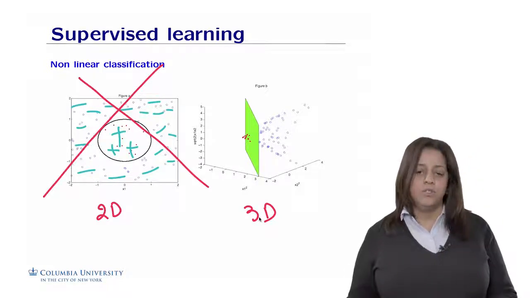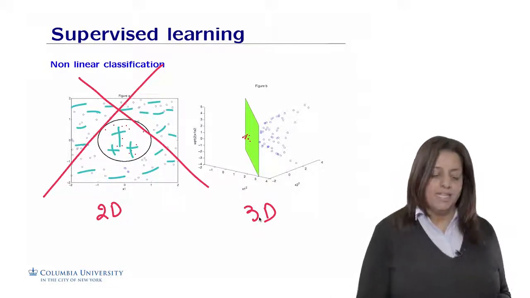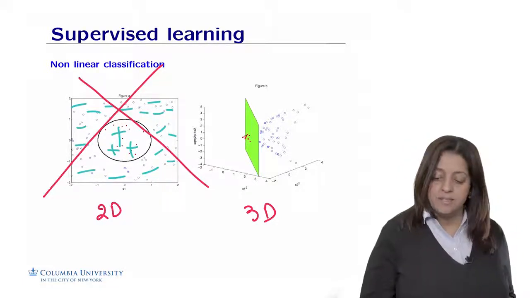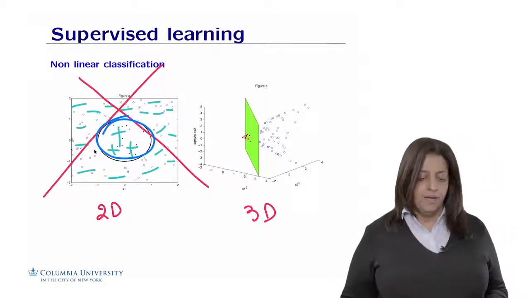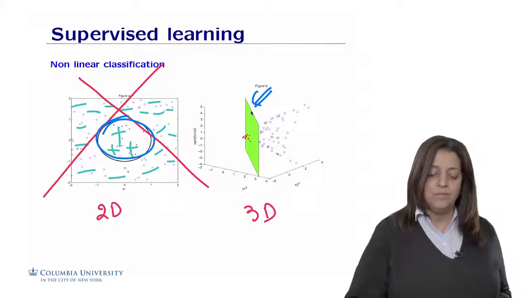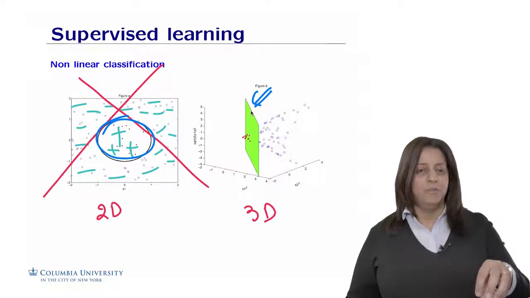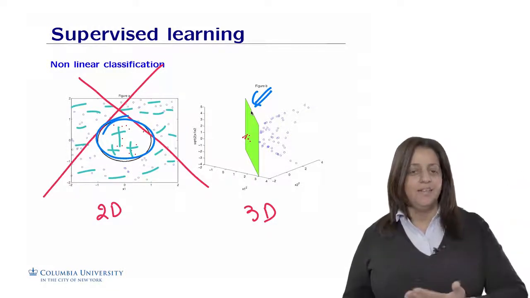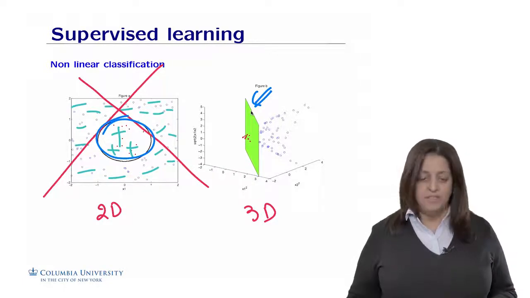And in this new space, we're going to be able to find a linear decision boundary, whereas in the initial space, the decision boundary was actually this ellipse around the positive examples. So in this case, we're going to pull the positive examples out into 3D, and then find the linear separation between positive and negative examples. This is something that is possible with new machine learning methodologies.